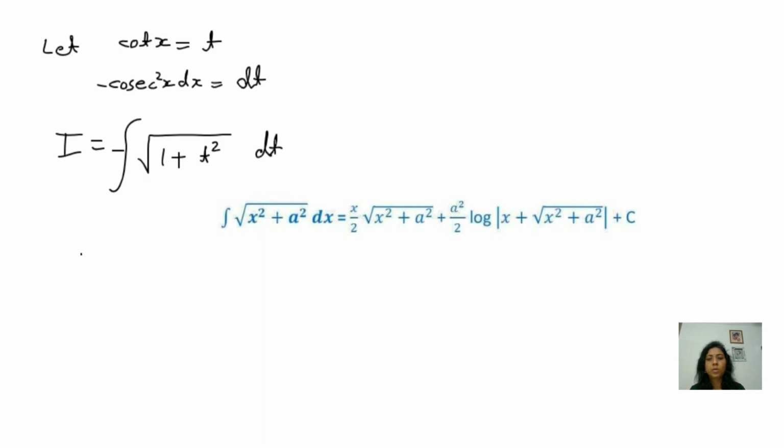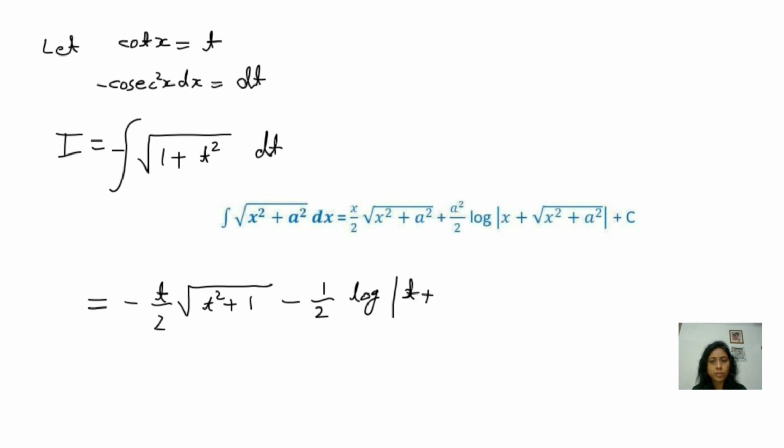So the integration is negative, and here the x value is t and the a value is 1: t upon 2 times the square root of t square plus 1, minus 1 square divided by 2 times log of the absolute value of t plus the square root of t square plus 1, plus c.